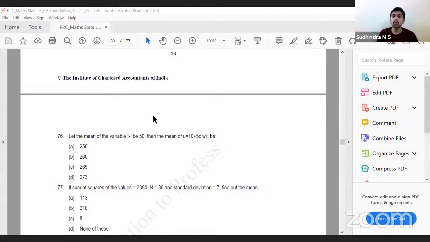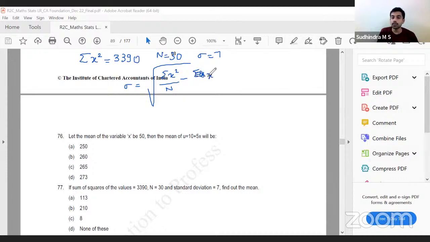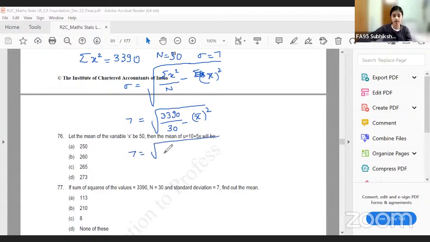Now, sum of squares of the values is summation x square. Summation x square is 3390. N is 30. Standard deviation is 7. We know the formula for standard deviation: square root of summation x square by n minus summation x by n the whole square, or x bar the whole square. Now, 7 is equal to the square root of 3390 divided by 30 minus x bar the whole square. 3390 divided by 30 is 113.